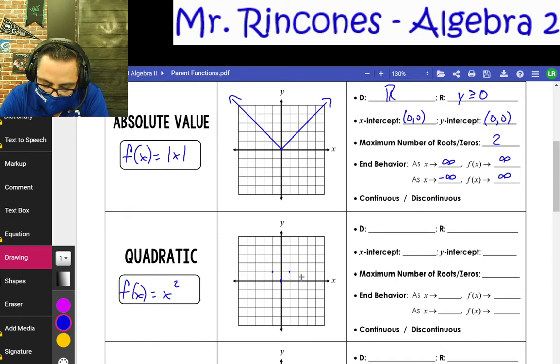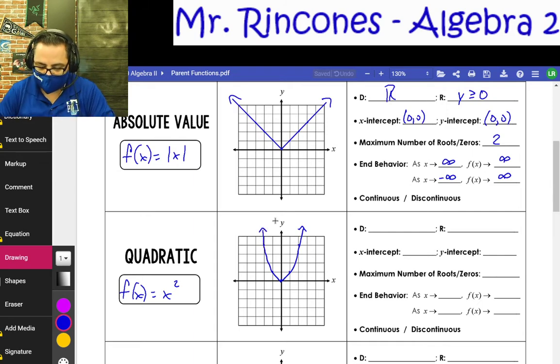At 2, it's 4. 2 times 2 is 4, so 1, 2, 3, 4. At -2, it's also 4. So this one looks like, not the prettiest of images. Obviously, there's a curve. So it looks something like that.